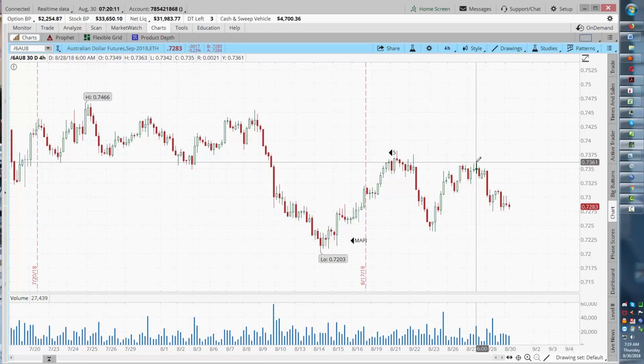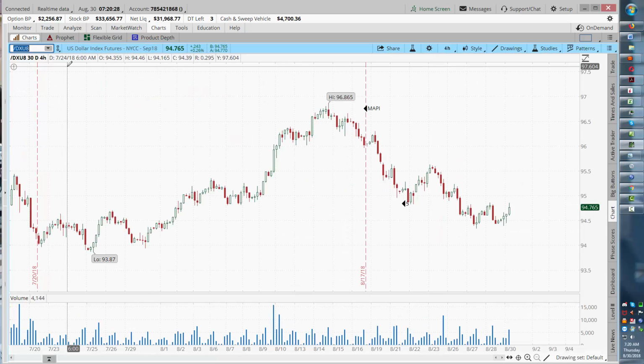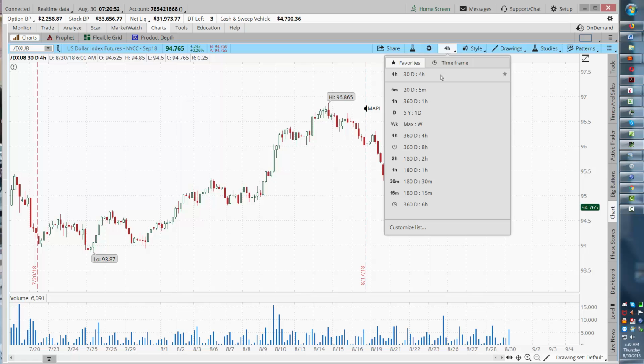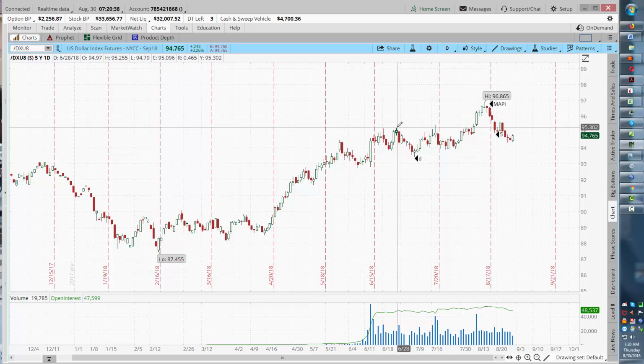Okay, we'll take a look at another example, and this one will be on the short side. Now, let's start again with a daily chart. Okay, we can see here it made a high, here it went down, made a low.